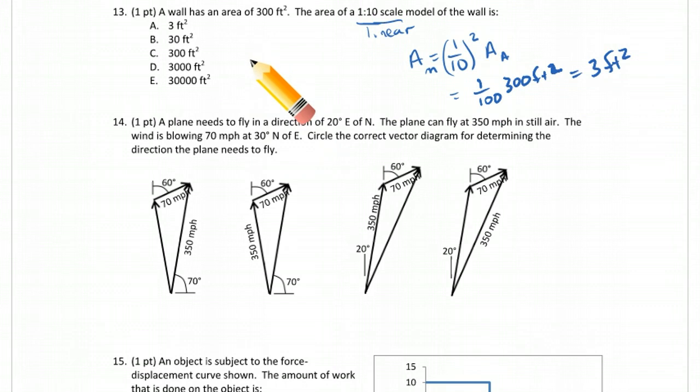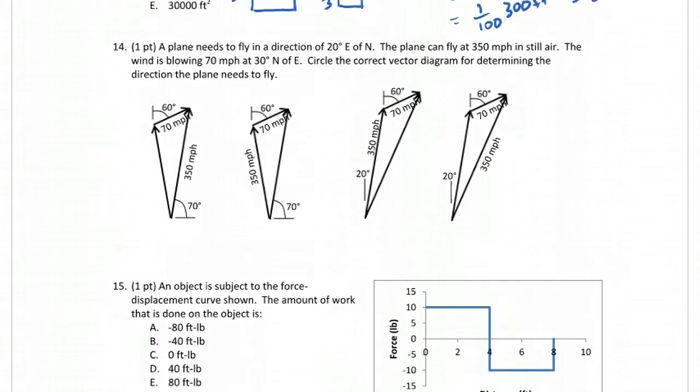If it helps, you might envision an object of 300 square feet would be, let's say 30 times 10 will give us 300. So if we make a 1/10 scale model of it, it's going to be 3 by 1. Again, you can easily see that area is 3 square feet.